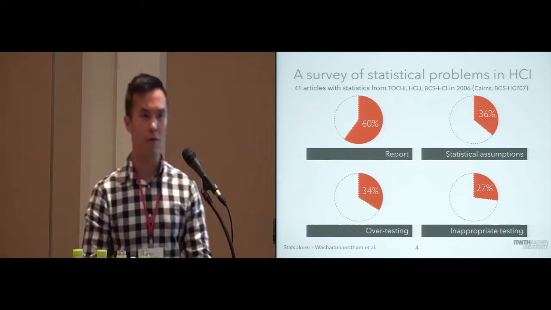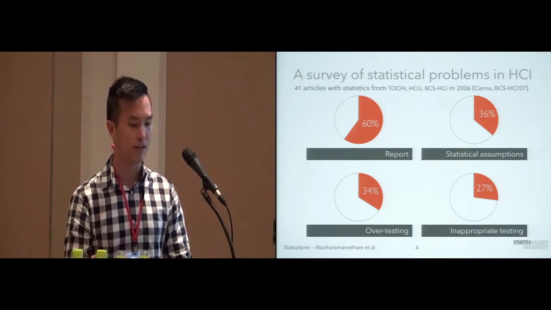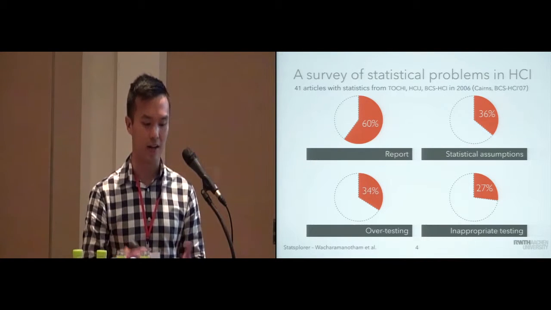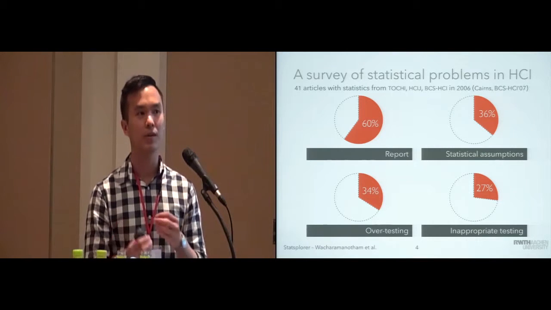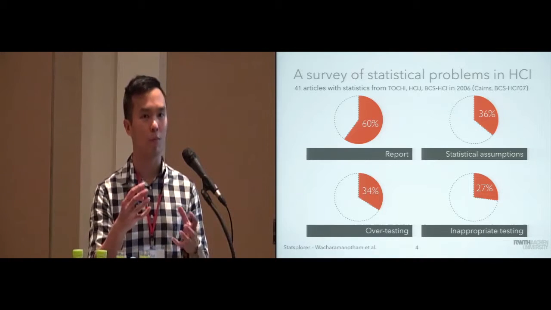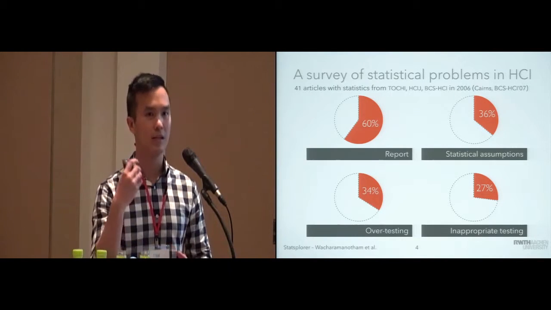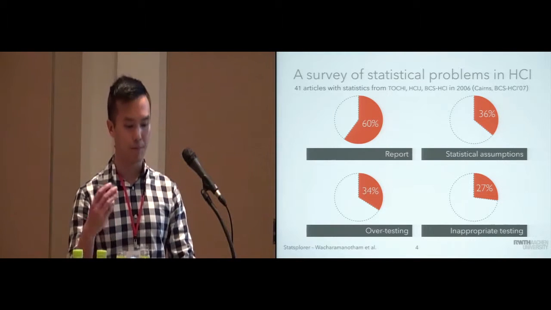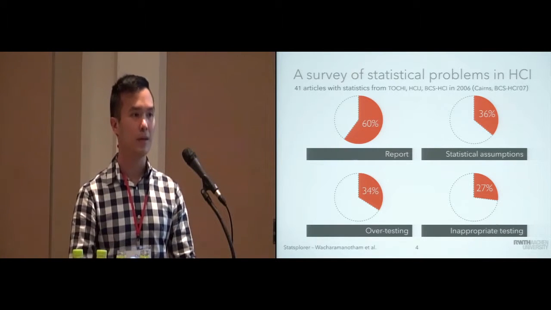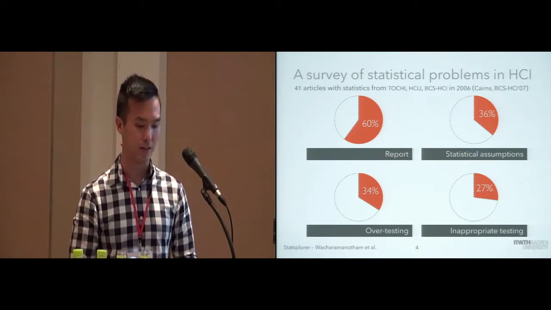everything is fine. However, Paul Keselman found in his survey in 2007, which surveyed some leading journals in psychology, that 60% of the sample papers still have some problem in reporting. For example, missing some information that would allow the reader to infer from the statistical results. 36% of the papers miss some statistical assumption or use data that violate statistical assumptions.